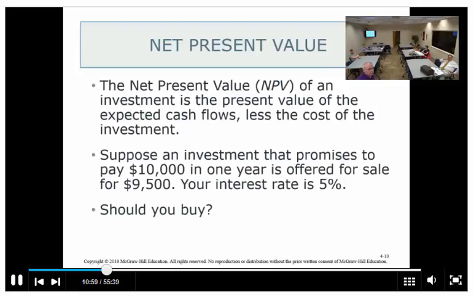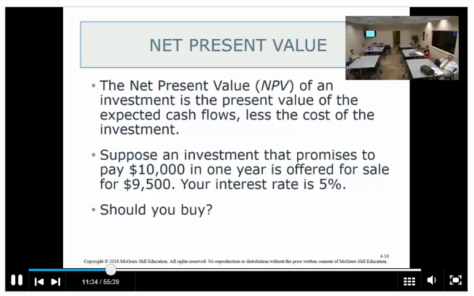is it says the net present value of an investment is the present value of the expected cash flows. Now they're keeping this real simple. It's the expected cash flow less the cost of the investment. So suppose an investment that promises to pay $10,000 in 1 year is offered for sale for $9,500, and our rate, the rate that we want, is 5%.